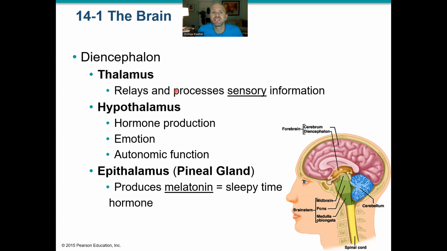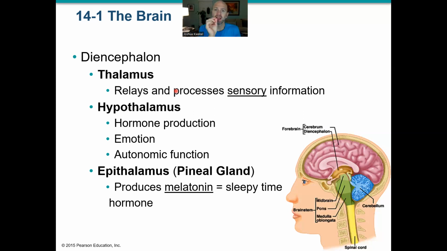So all the sensory data comes up to the thalamus first, synapses, and then another neuron will go out into the rest of the brain. Processing sensory data, that's the thalamus. There are lots of different nuclei in there. That is, there are different regions in the thalami for processing visual data and hearing data and touch data, etc.